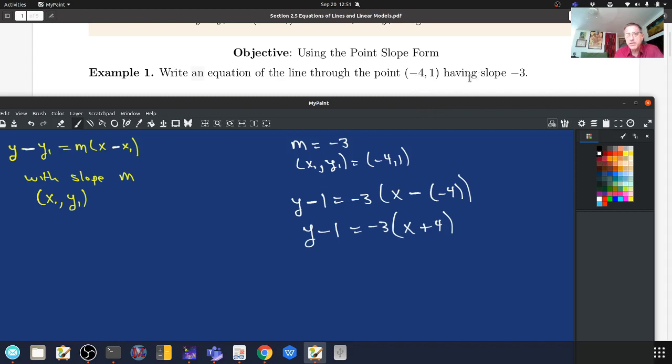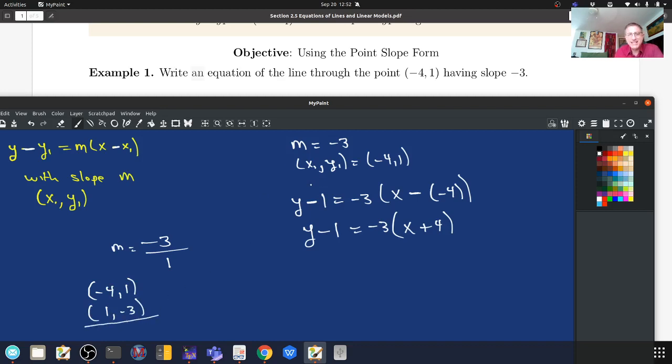You could have used the fact that minus 3 is the slope, and that's the same thing as minus 3 over 1, and you could use point addition, with the added point taken from the slope, and gotten another point.